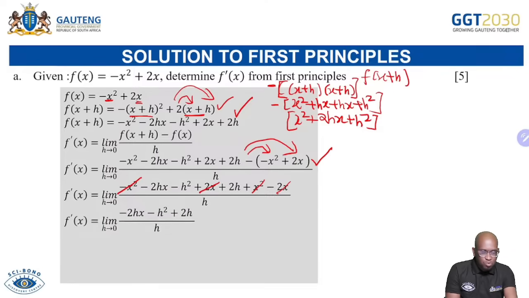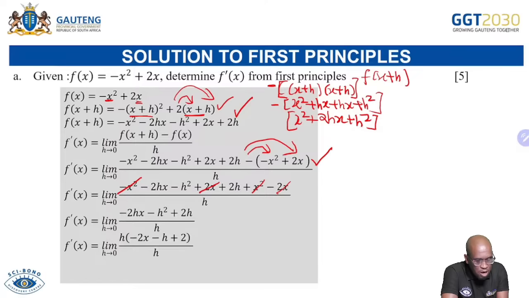So it gets you to negative 2hx minus h squared plus 2h divided by h. So we can take out a common factor of h.